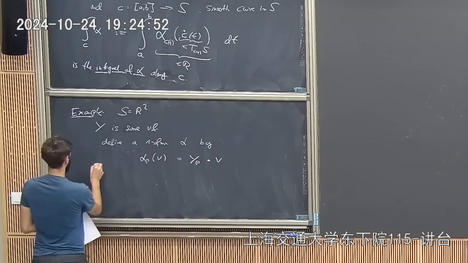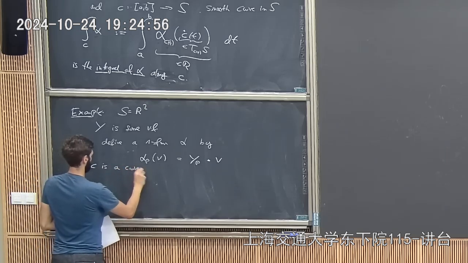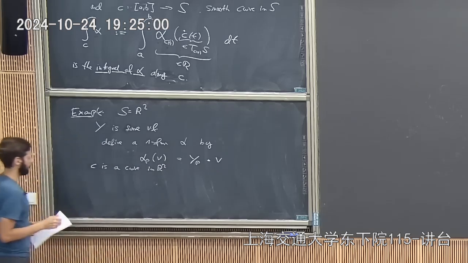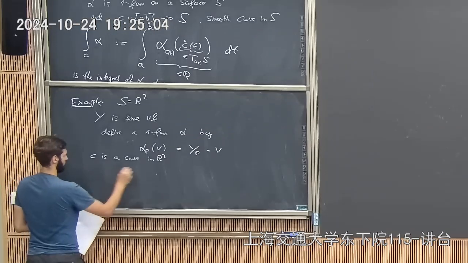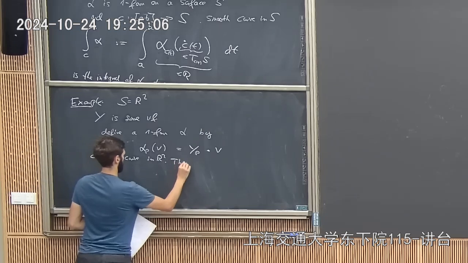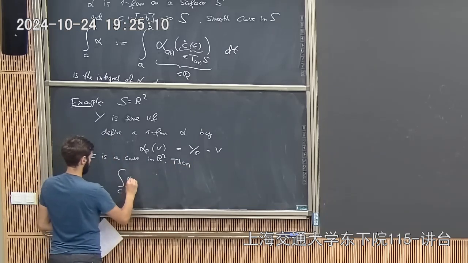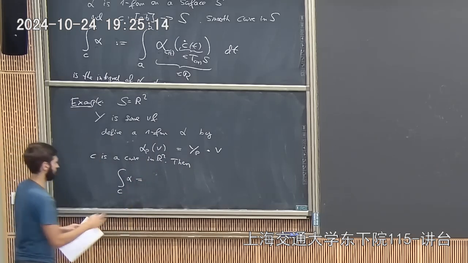And then suppose that C is a curve in R2, in our surface. Then the integral over C of that alpha that we just defined, let's have a look at what this is.